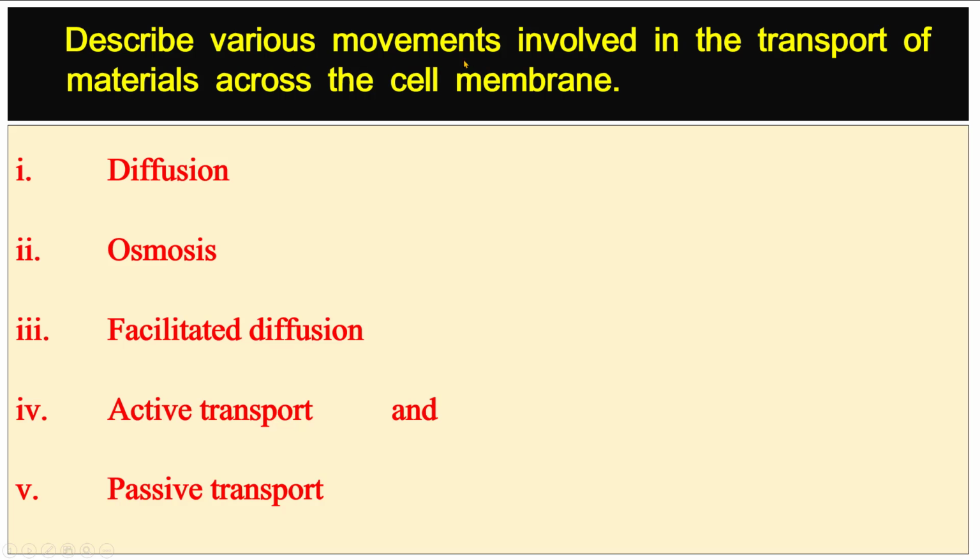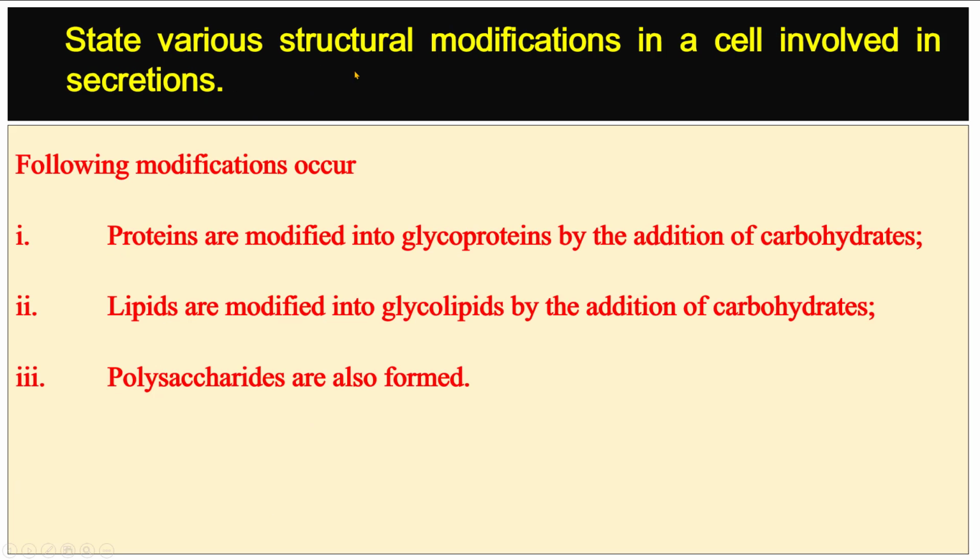Describe various movements involved in the transport of materials across the cell membrane. Diffusion, osmosis, facilitated diffusion, active transport, and passive transport. State various structural modifications in a cell involved in secretions.